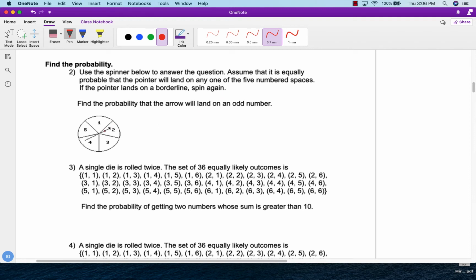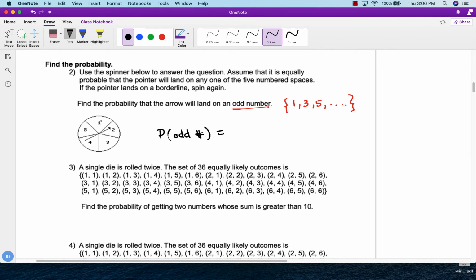So borderline will be one of the divisions between the two numbers. Find the probability that the arrow will land on an odd number. So here we have numbers 1 through 5. Odd numbers, remember odd numbers is 1, 3, 5, dot, dot, dot. But this only goes to 5. So probability of an odd number.